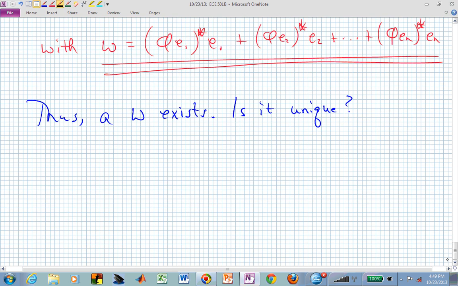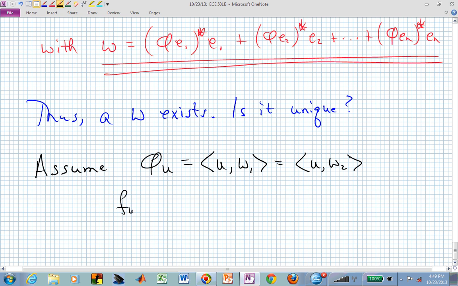And now let's just do what I said we were going to do. Suppose or assume that this linear functional phi sub u is equal to the inner product of u with w1 and it's equal to the inner product of u with w sub 2 for all u.